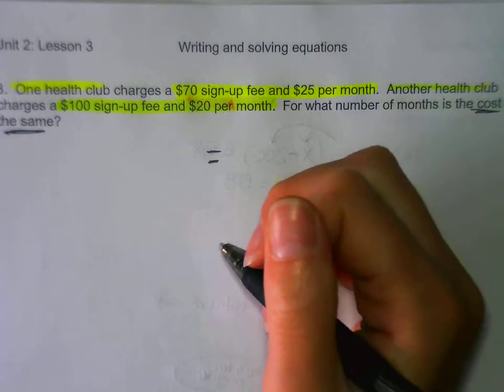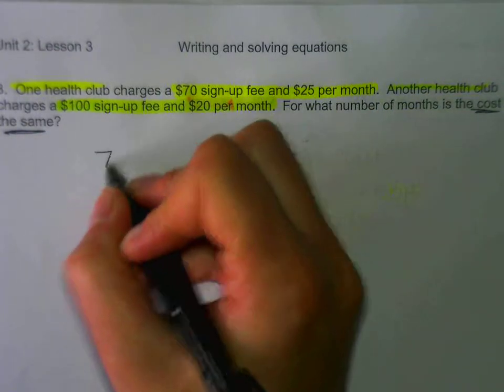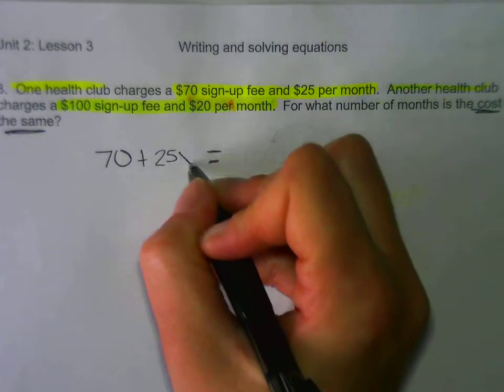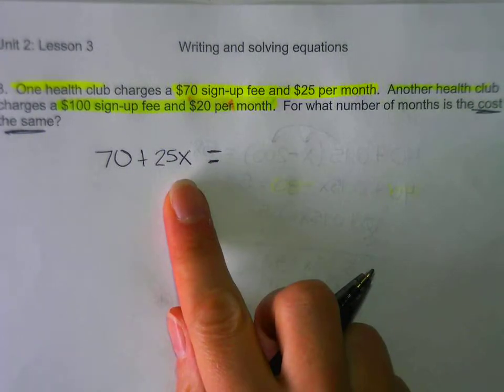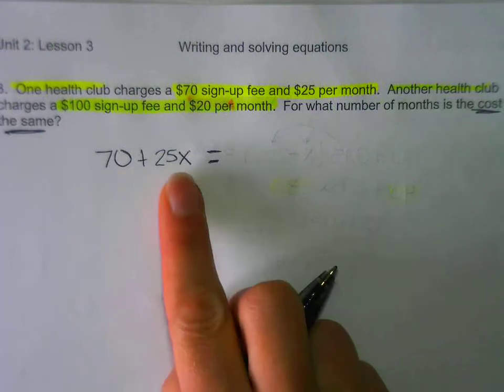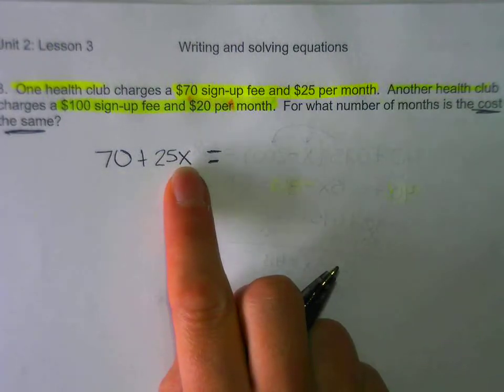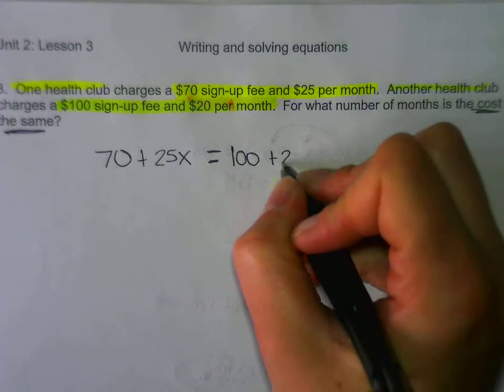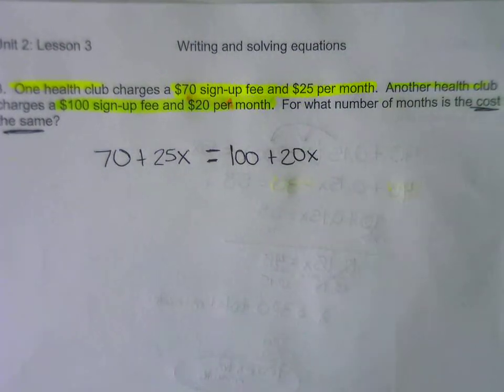So one health club charges $70 just to sign up, but then they also are charging $25 for every month you go. And another club charges a $100 sign-up fee and $20 for every month you attend. So when will the cost be the exact same?